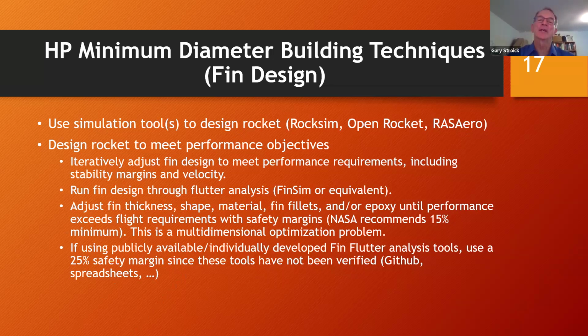So that is a good tool. You can use it in combination with OpenRocket or RockSim to get some more accurate simulations of the flight data before you build the rocket.